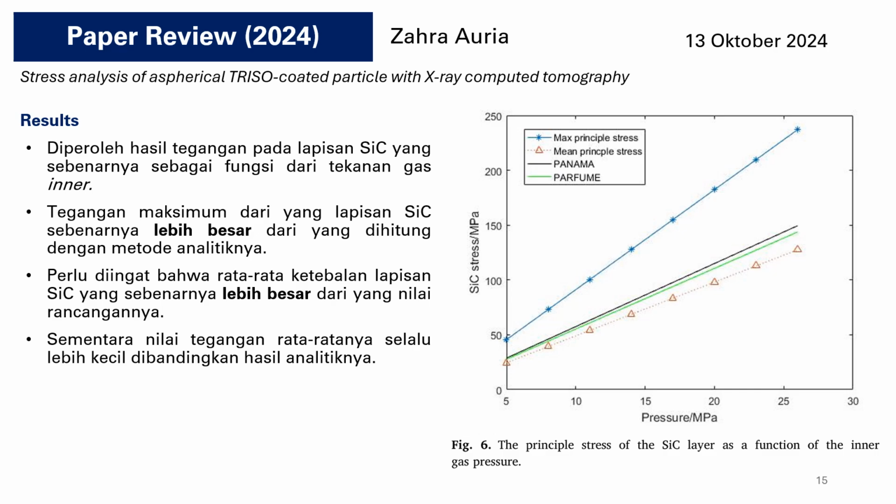And we have to note that the average actual silicon carbide layer thickness is larger than the designed one, and meanwhile the average stress value is always smaller than the analytical ones.